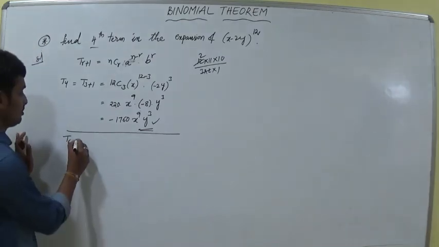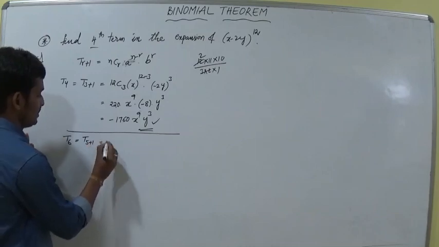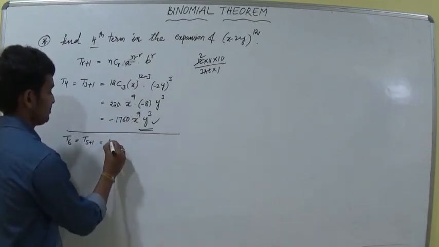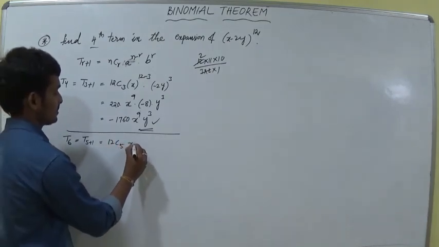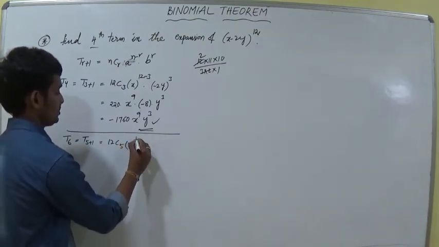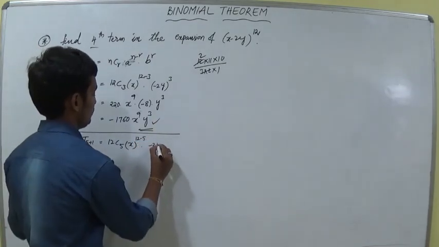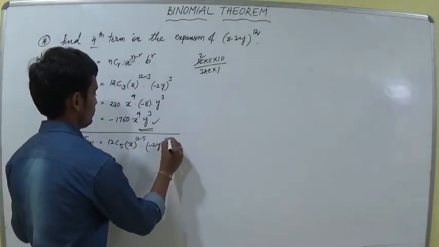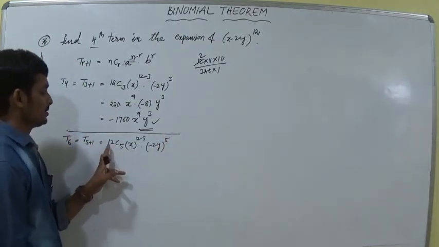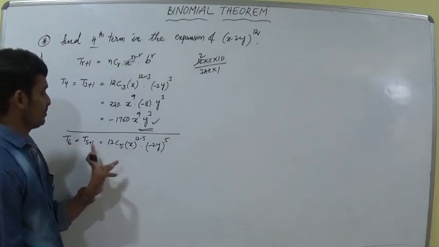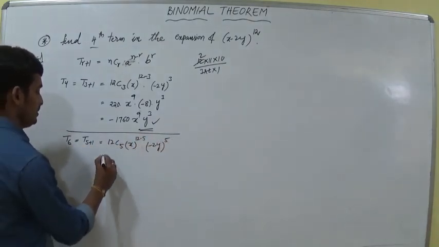T6 is equal to, how can we write, T5 plus 1, is equal to 12C5 x to the power of 12 minus 5 into minus 2y whole to the power of 5. Is this right? That is it.